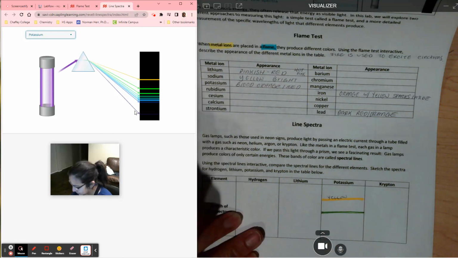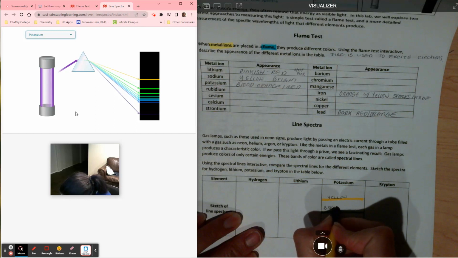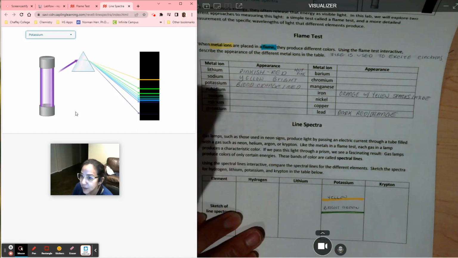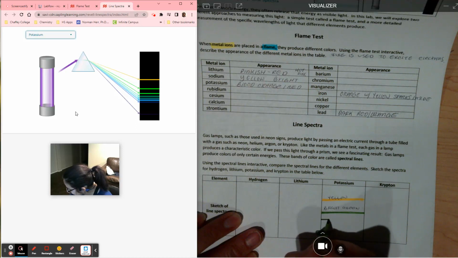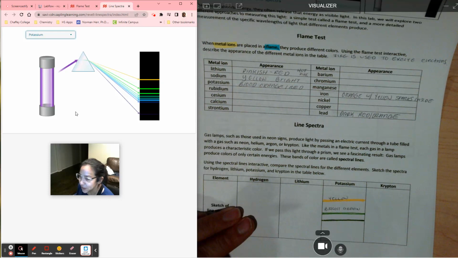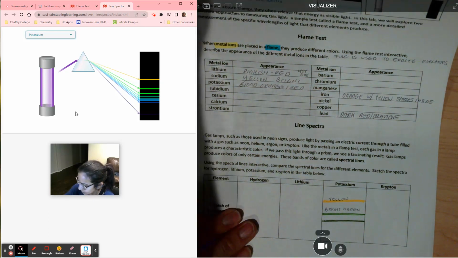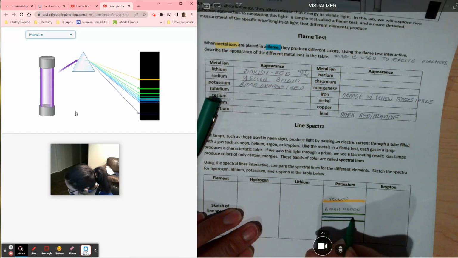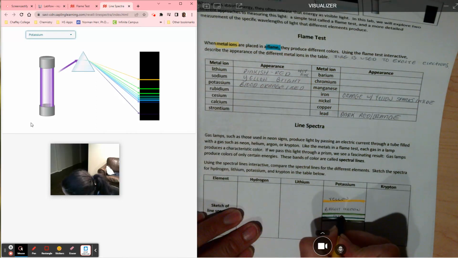So this one is like a bright green. Then I have another green. Okay, this came out darker, more darker than I wanted it to. But it's another green, and I'm going to do one more green here. Okay. So these are all greens.